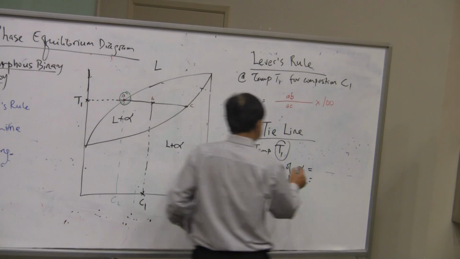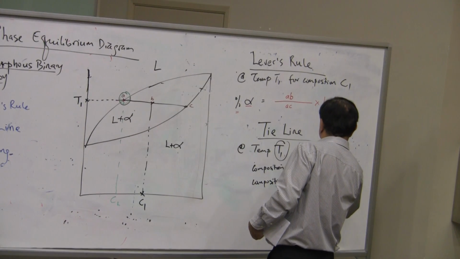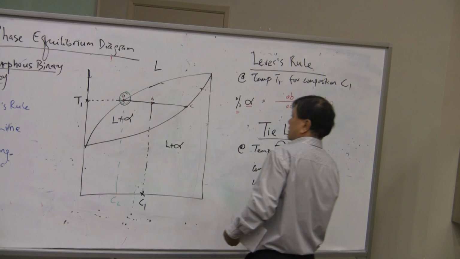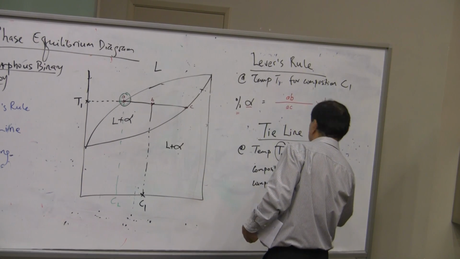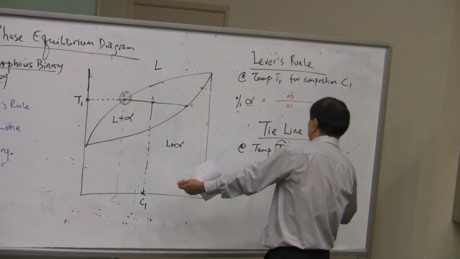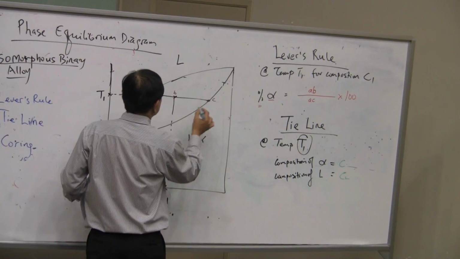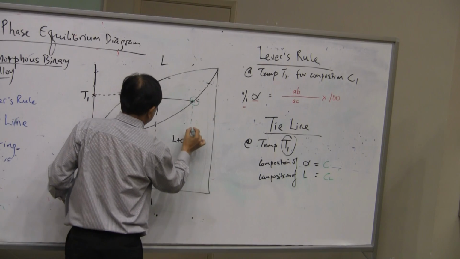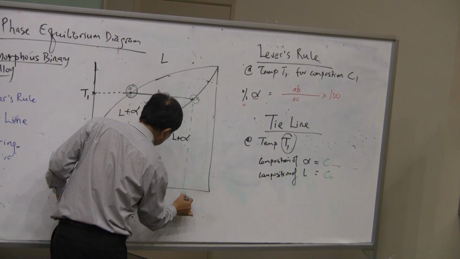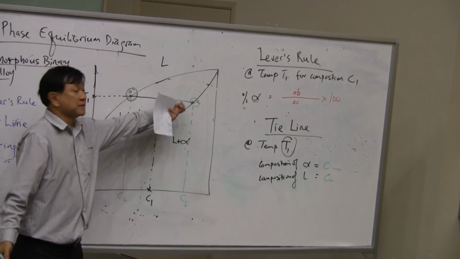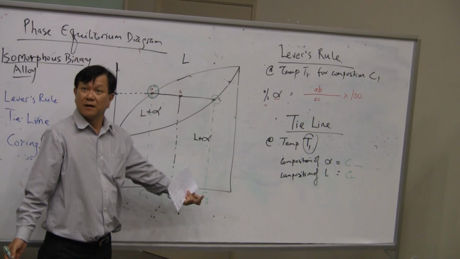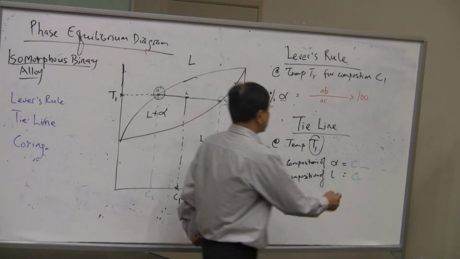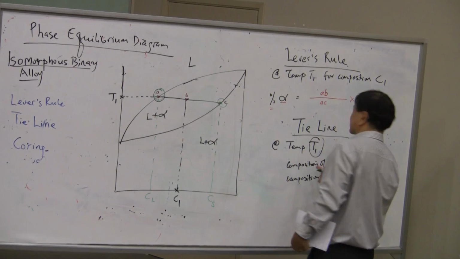Okay. So this one here will be equal to composition. This is composition of the liquid. And what is the composition of the solid? I take this point here. Now this one here will be composition of the solid. Okay, so it's equal to, yeah.